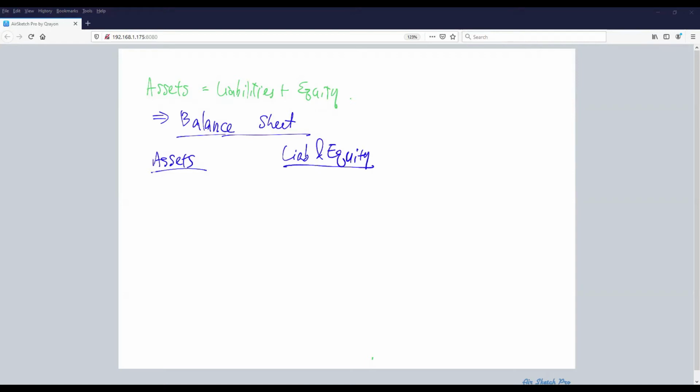Then, within assets, as we've studied in chapter, was it 5? Classified balance sheet. Assets can be classified into current assets and other long-term assets such as long-term investments, PP&E, like tangible assets and intangible assets.